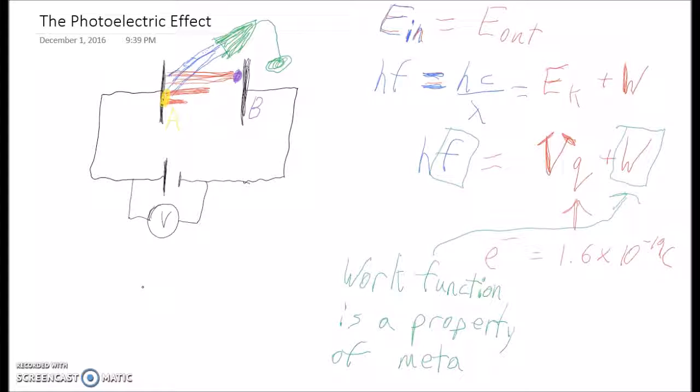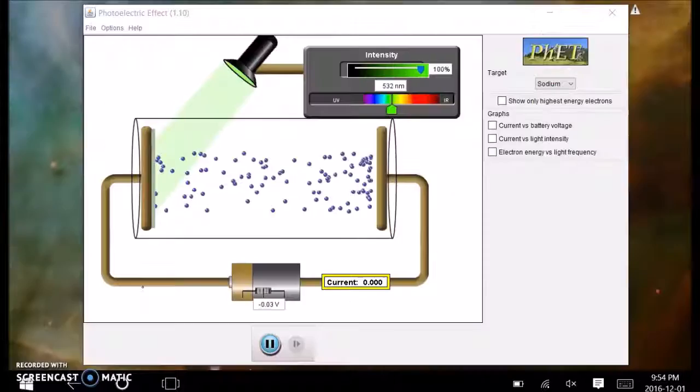So depending on the metal, it's more tightly grabbing at the electrons and holding them in. Some metals are willing to give away electrons. Some metals really hold on tight. And that's basically the whole photoelectric effect, just an overview of it.